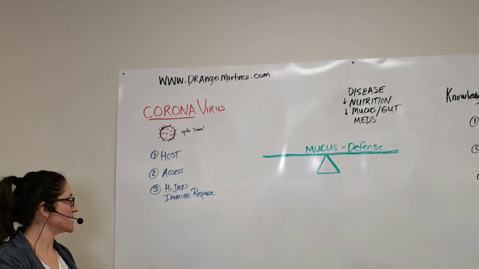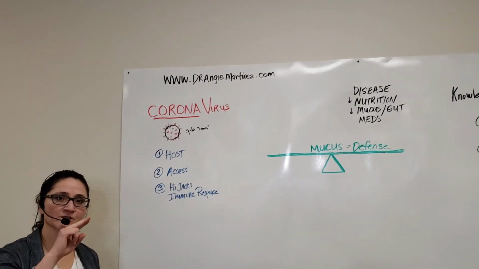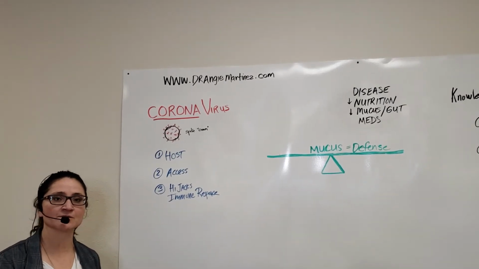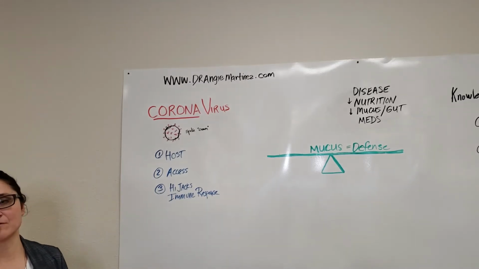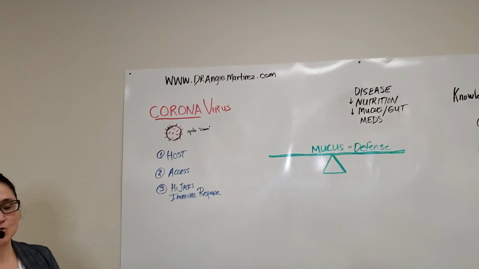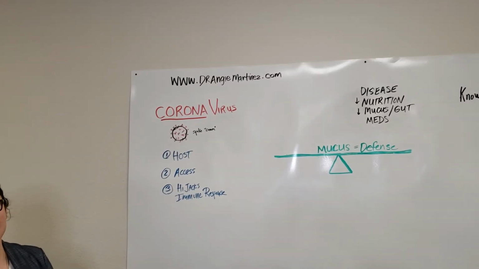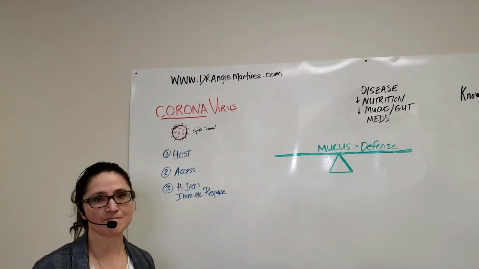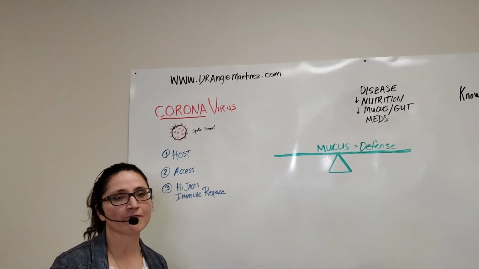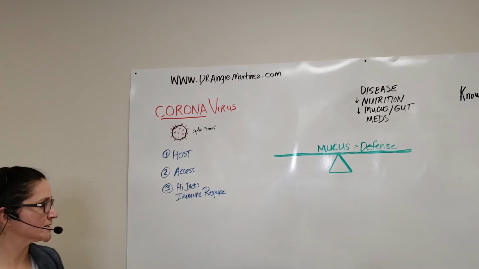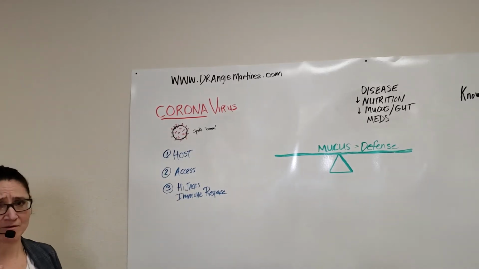Secondly, we're going to discuss access: how the coronavirus uses this spike protein to get into our cells pretty easily. And last, we're going to talk about how after the virus gets into each cell and infects it, it will use some smarts and take over our DNA system and make its own proteins, hijack our own immune system, and set off our immune system into a whirlwind. Those are the three things we'll cover today.